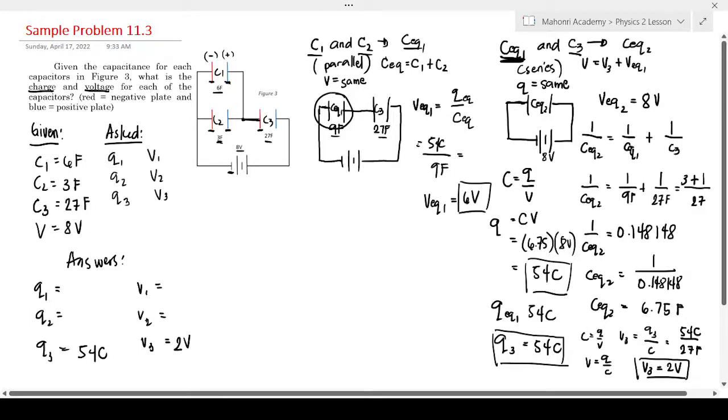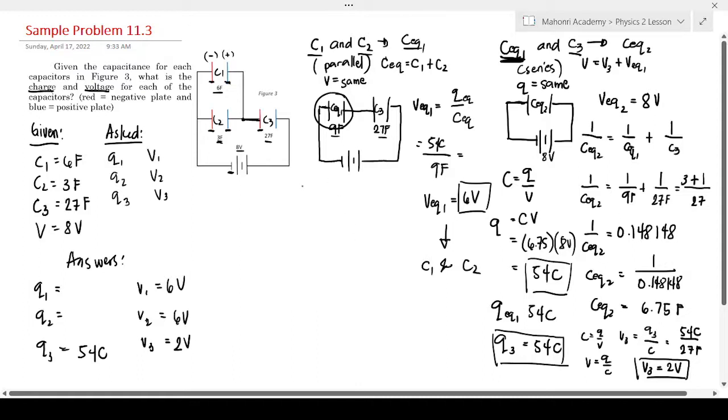And this makes sense. Later we will show why. So this 6 volts now tells us that this is the voltage for C1 and C2. So we have our 6 volts and 6 volts.